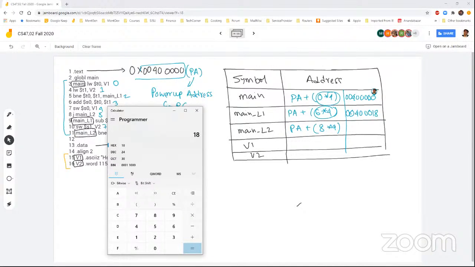Okay, so 24 is 18, and then 32 would be 20 in hex. So this one will be 00400020. Questions so far?